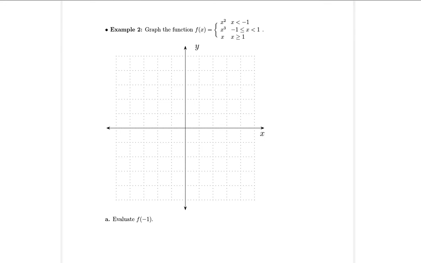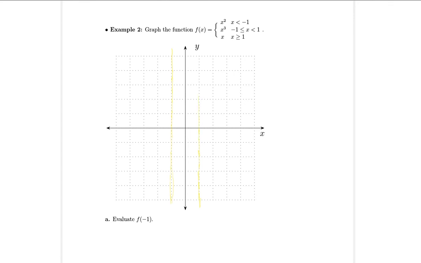Here's one strategy that I think is helpful. With your pencil, what I want you to do is find the transition x values and lightly make a vertical line, and I'll do it in yellow, just to indicate really light, at those x values.